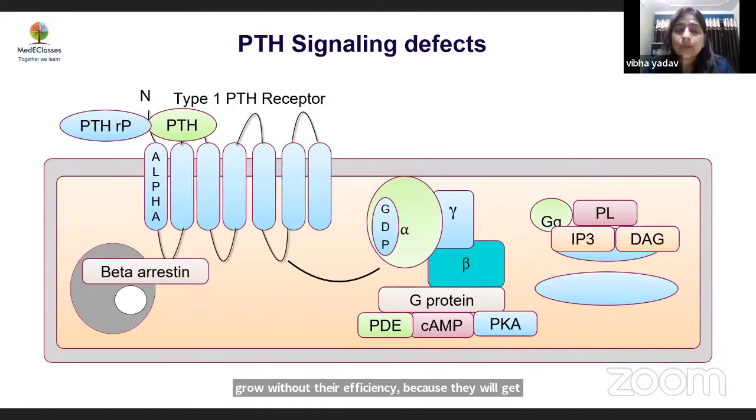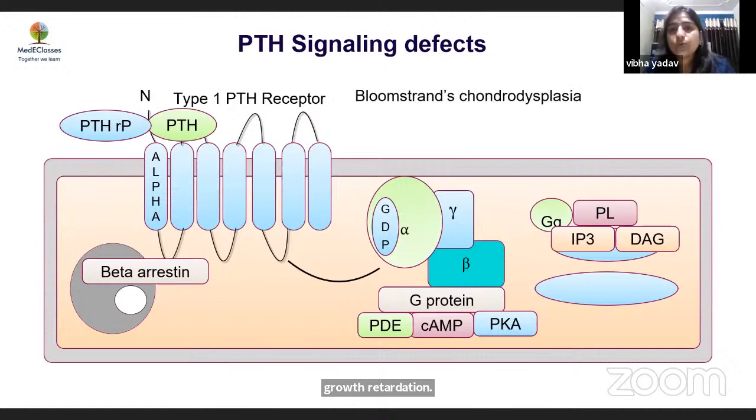But in a case where there is a PTH-RP problem, or a defect in the receptor on which PTH-RP works, the fetus will not be able to grow. There will be intrauterine growth retardation, which is also known as Blomstrand chondrodysplasia. The chondrocytes won't grow; they will be dysplastic chondrocytes.